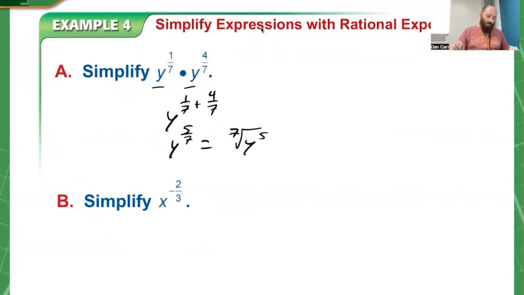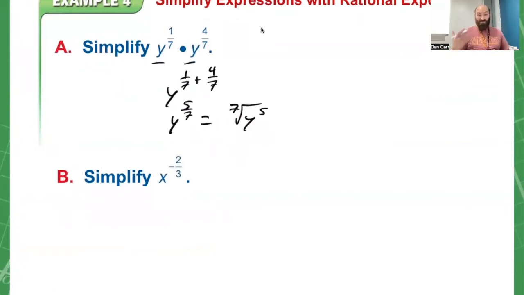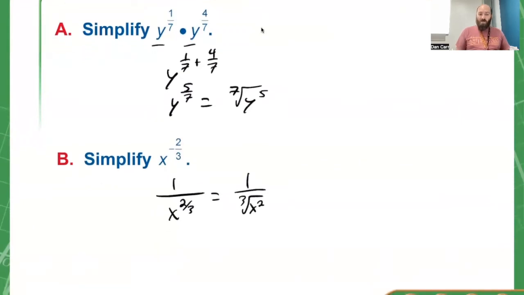All right. Simplify x to the negative 2/3. Kind of already did this. x to the negative 2/3 is the same as 1 over x to the 2/3. Which means that is the same as 1 over the cube root of x squared. Now, in terms of simplifying, we may want to get rid of the radical in the denominator. So if the goal is to rationalize it, remember if this is the cube root, I want this to be an x to the 3rd power.